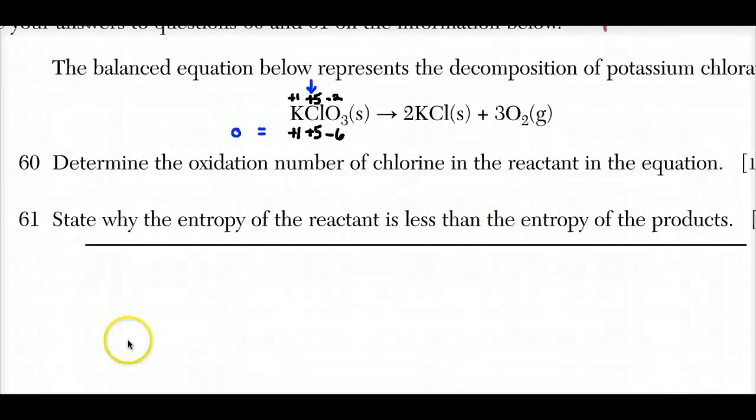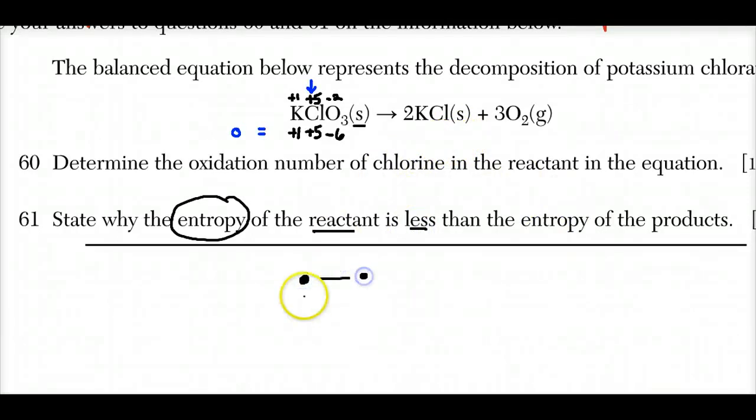Number 61. State why the entropy of the reactant, that's a solid, is less than the entropy of the products. Well, a solid has a regular repeating crystalline structure that repeats in all directions and is very ordered.